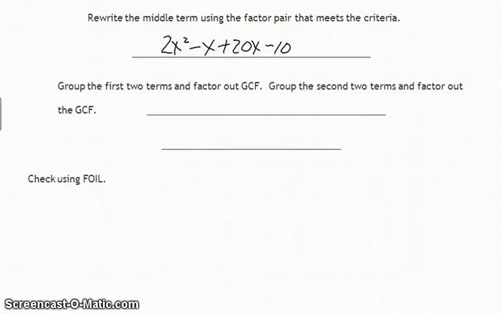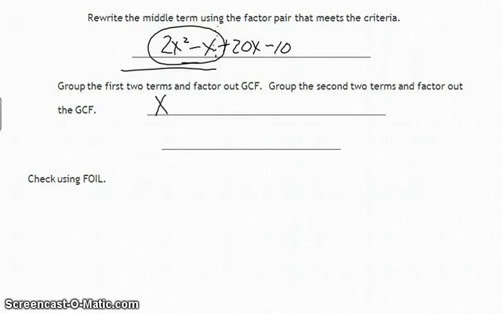Now that we have the middle term rewritten using my two factors, we're going to factor by grouping. What that means is we're going to take this polynomial and divide it into two sections. We look at just the first two terms to begin and find the greatest common factor of 2x squared minus x.